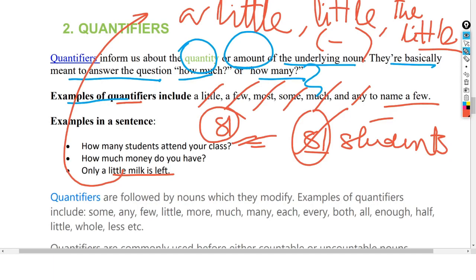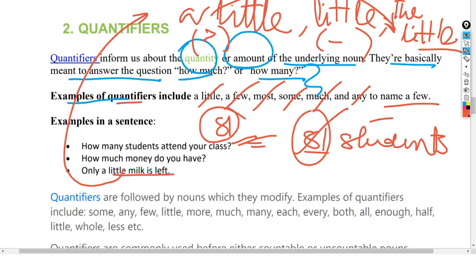At any moment it may dry up, or it is a negligible amount. Now when I say a little, it is a little greater than little. Little has a negative meaning, while a little goes a bit to the positive side, but its quantity is also not very much. Little and a little: the amount of a little will be fixed.